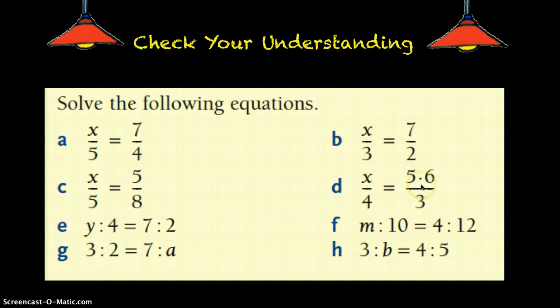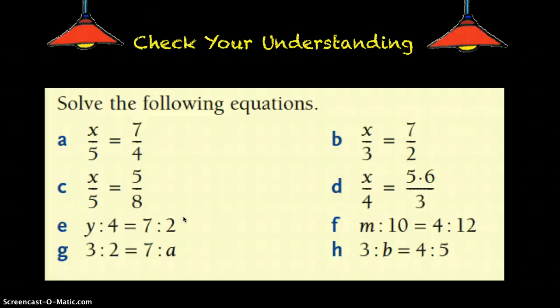This is 5 times 6. And then y is to 4 is y out of 4. So stop the video, solve all the problems from A to H, and we'll check it later. Once you are done solving them, continue with the video.